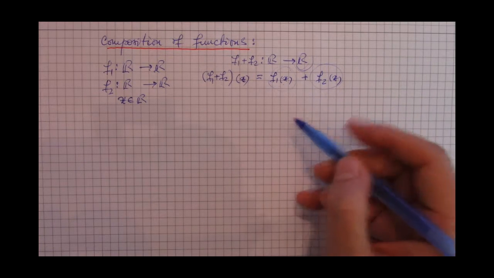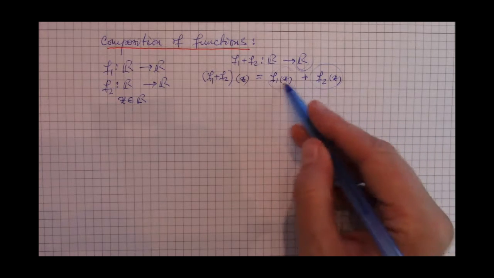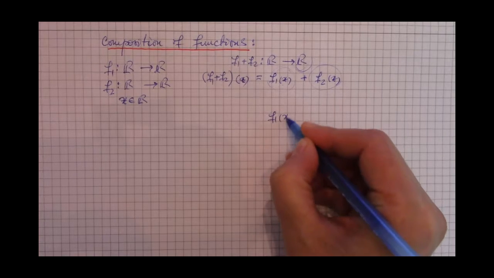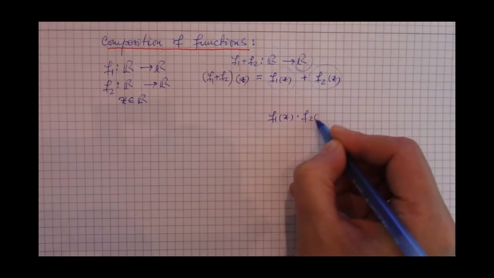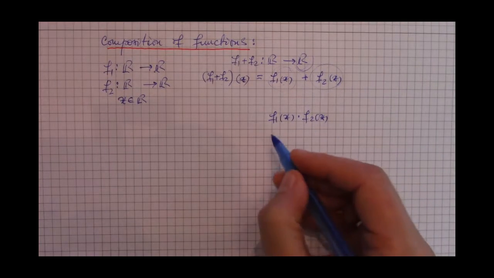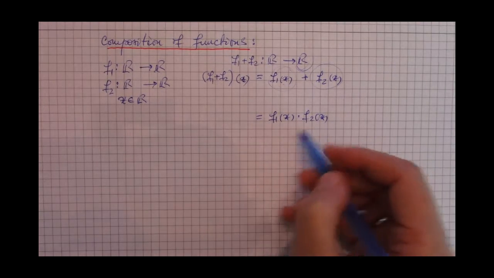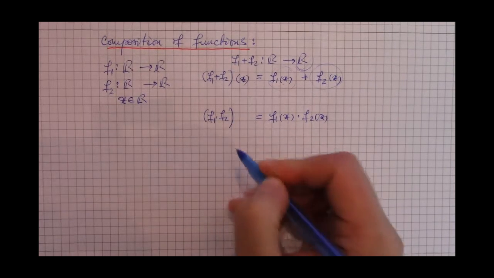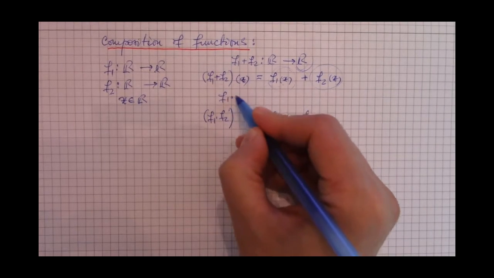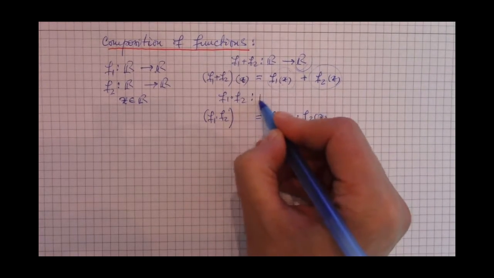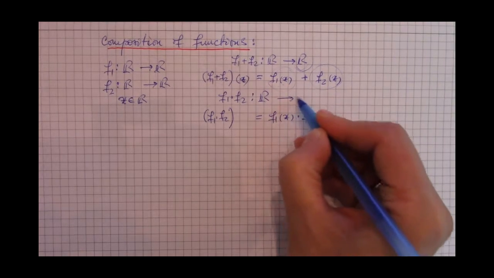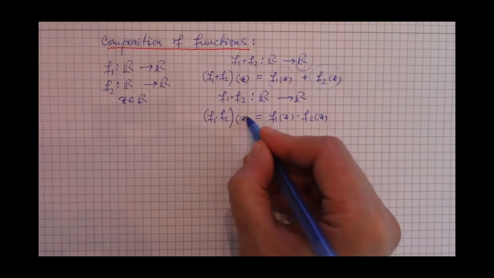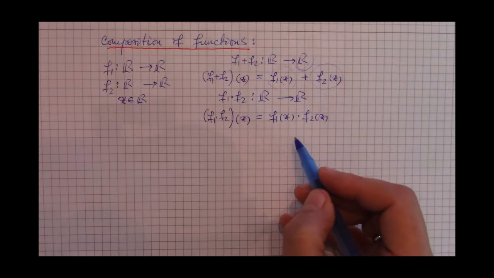We can also do a multiplication in between these numbers, right? So we can say f1 of x times f2 of x. This will define another function. We can call it f1 times f2. So we have another function f1 times f2 defined on the set of real numbers with values into the set of real numbers. f1 times f2 of x is f1 of x times f2 of x.